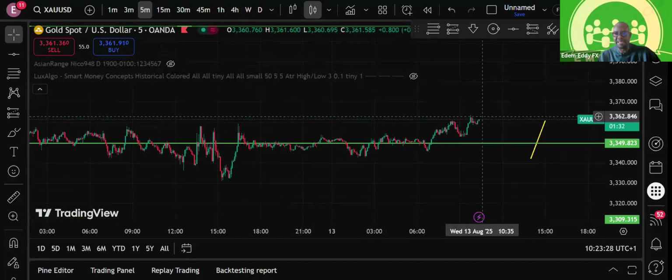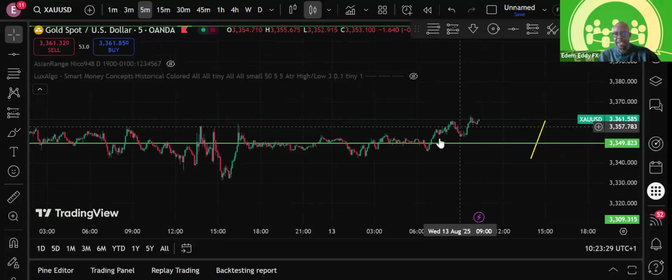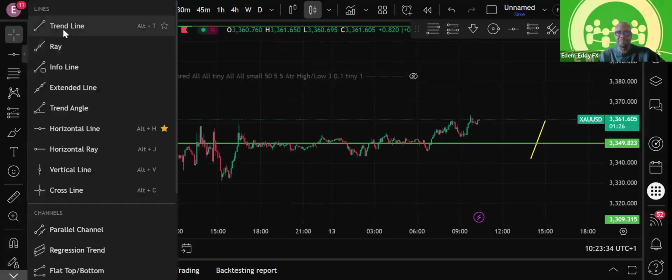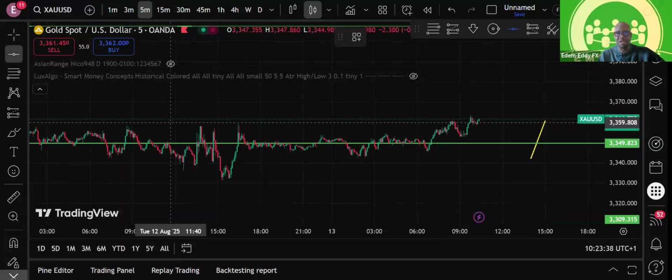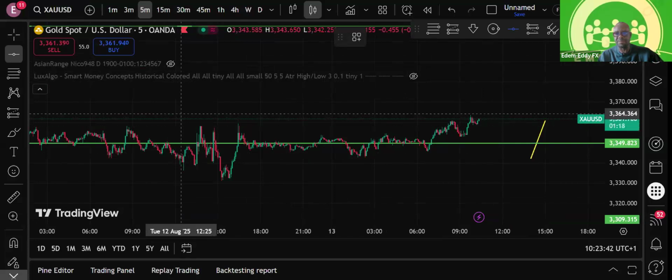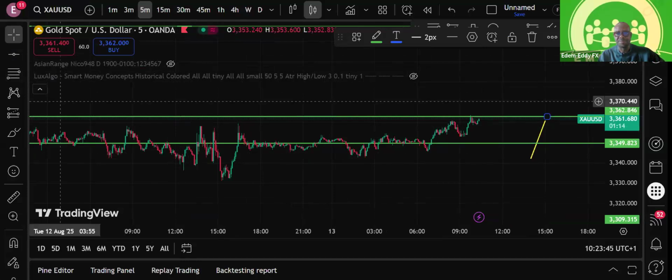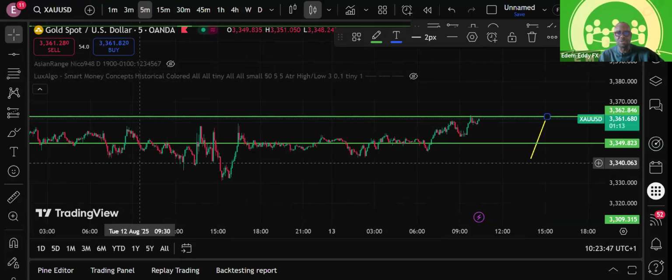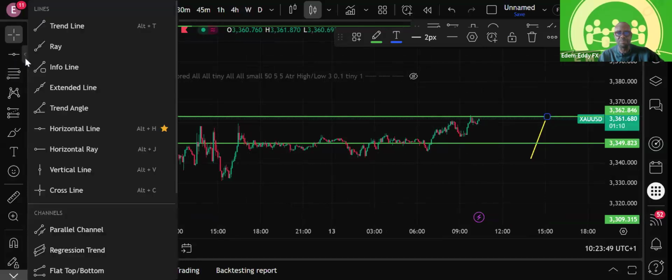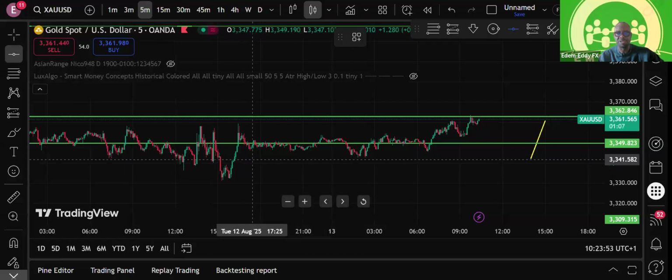Currently the market is around here, and here you can try to mark out again without making your chart look very busy. You can still mark out the high here, and then also look at another low, which is somewhere here.